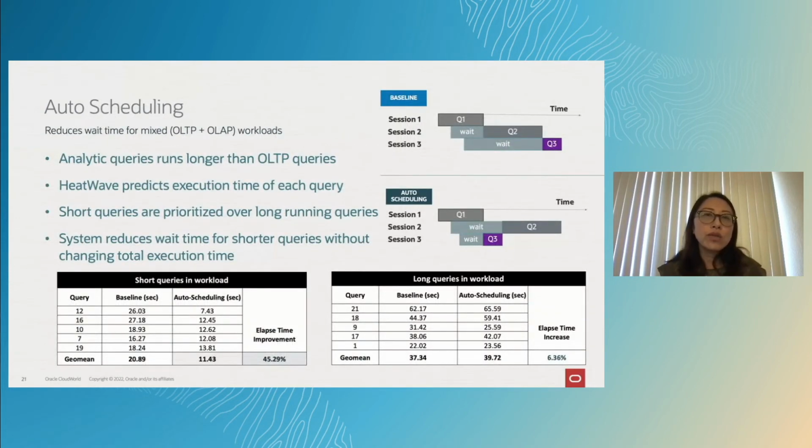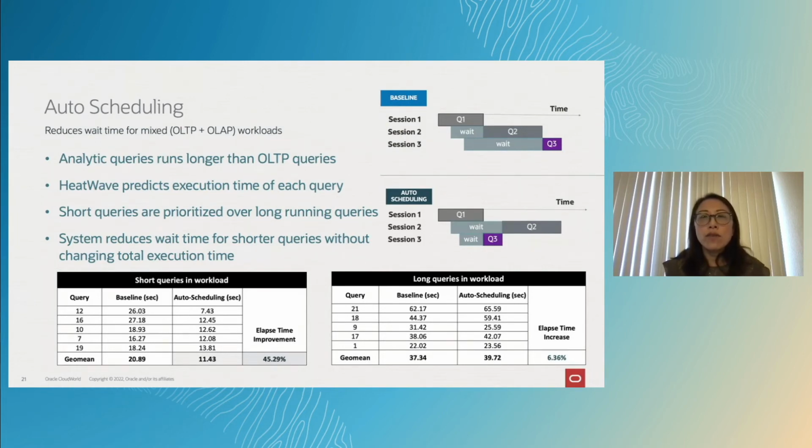Another one is auto scheduling. So we understand that queries can have different runtimes, and they can come in at any time. In a normal situation you usually have more of a first come first serve system.